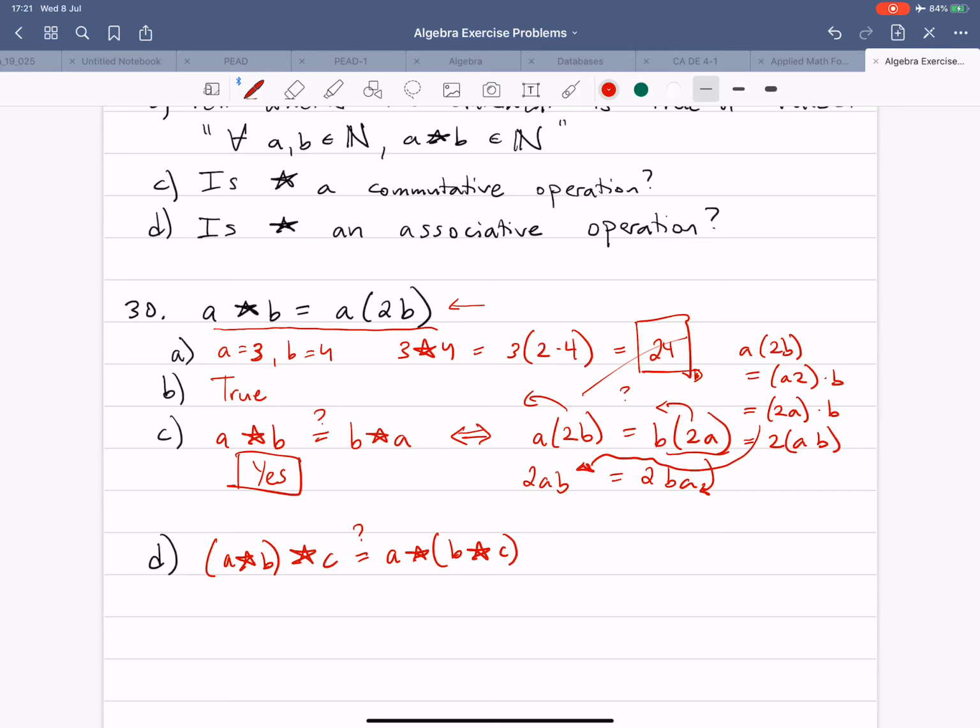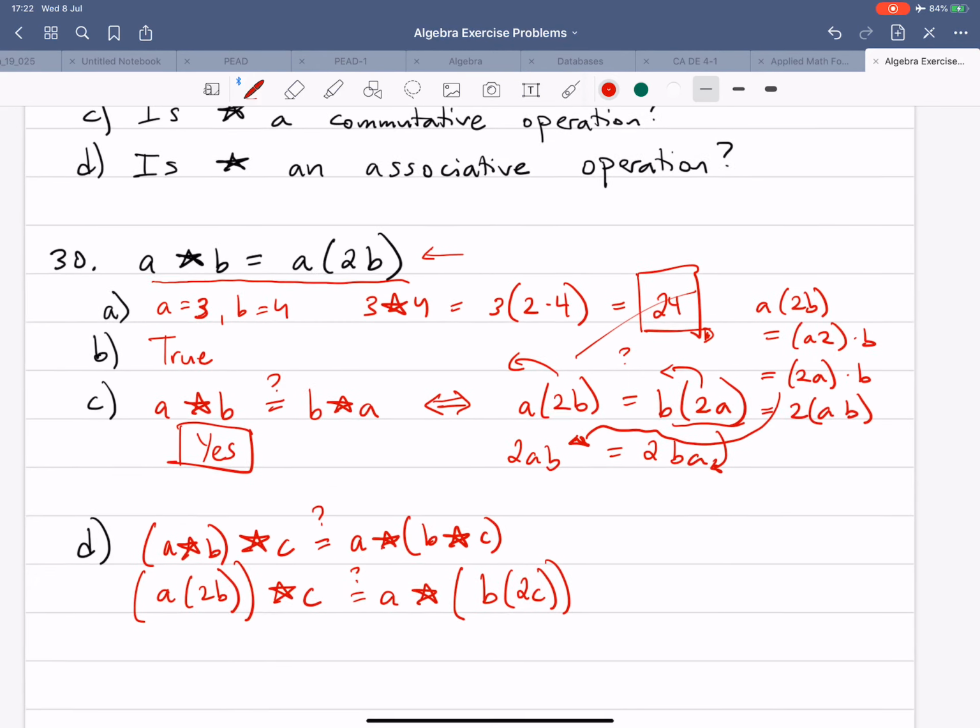All right. Now we're just going to substitute in the star operator. For A star B, that's going to be A times 2B, like this, star C. And we're wondering if that's going to be the same as A star, now it's B star C, so that's going to be B times 2C. Now we need to do two more star substitutions.